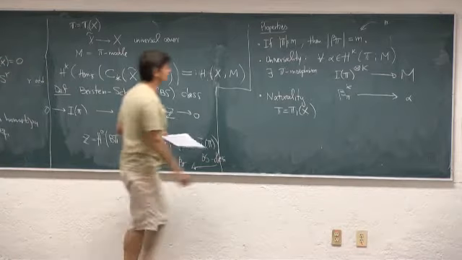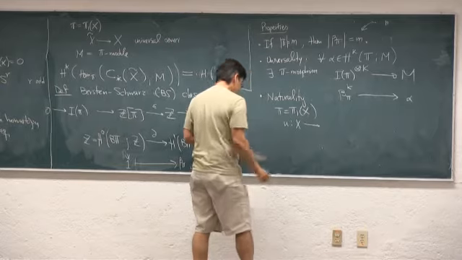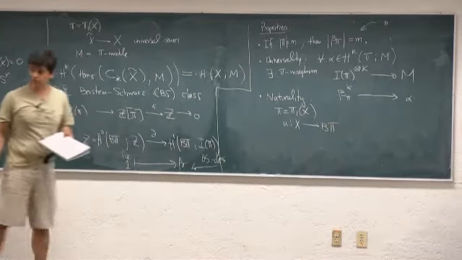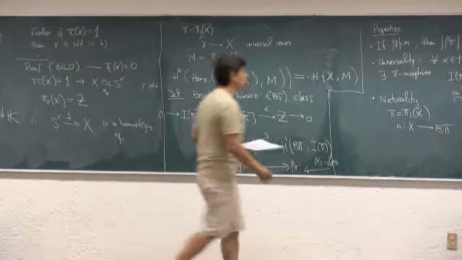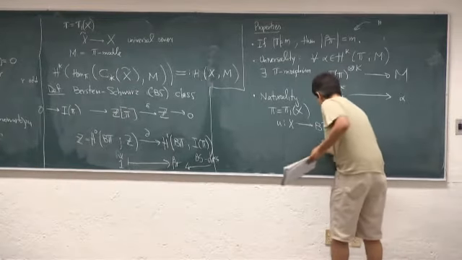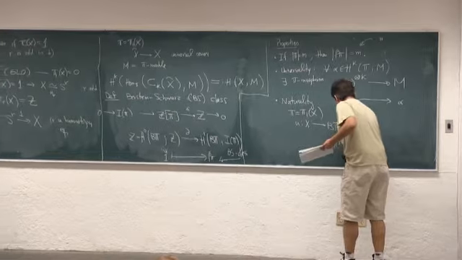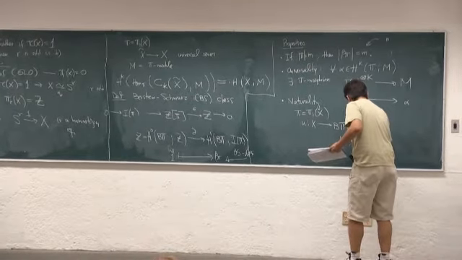Then you can take the classifying map of the universal cover into B pi. And you can look at what happens in cohomology. You have cohomology, let me take dimension 1 of B pi, with coefficients in I pi.